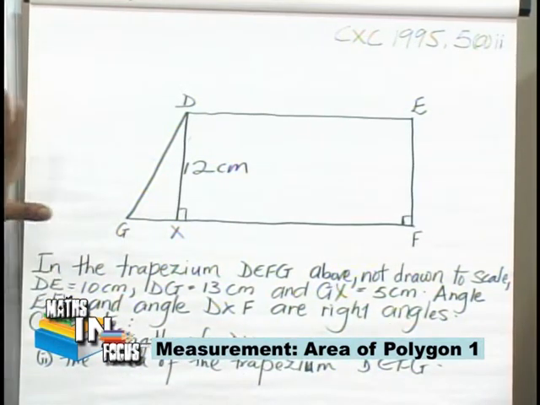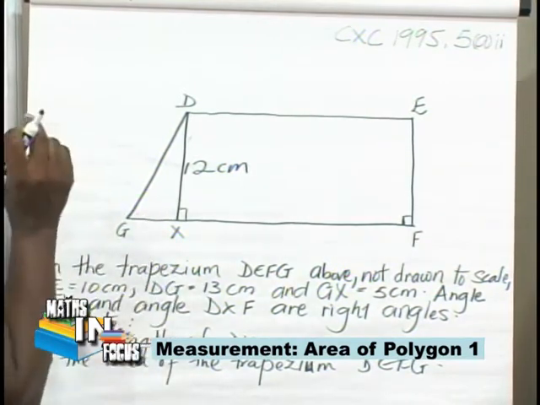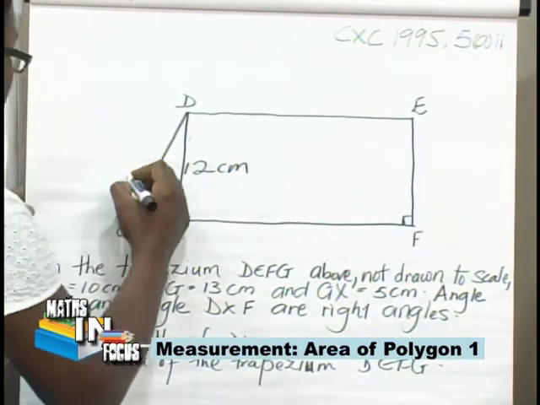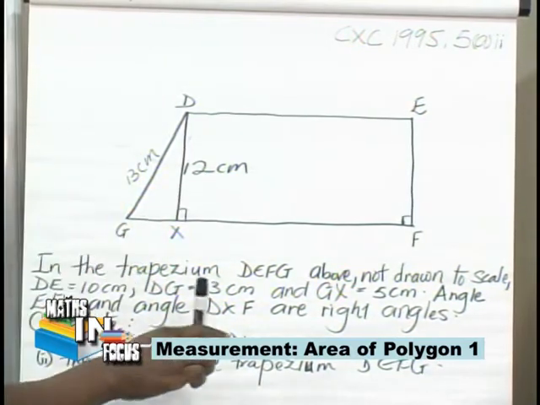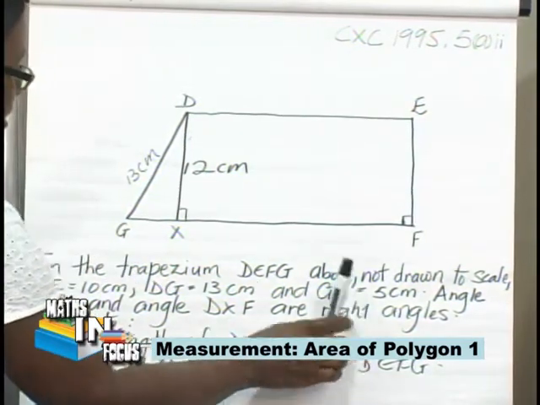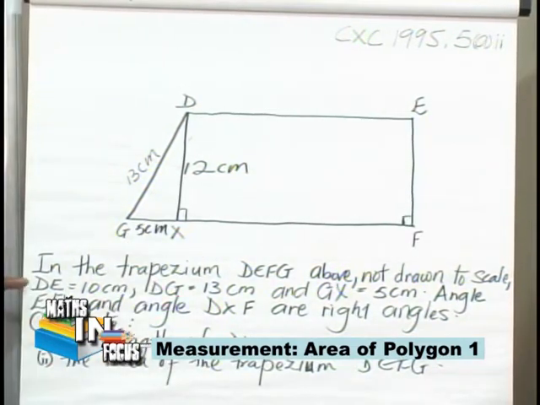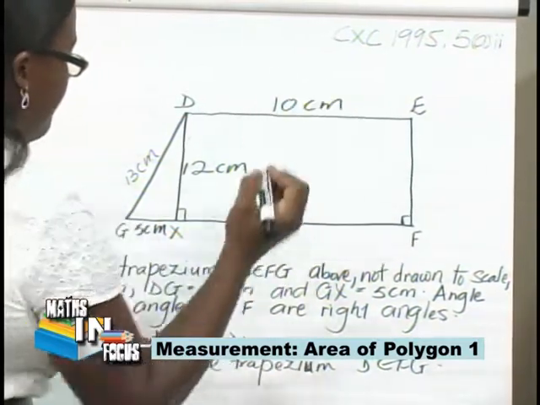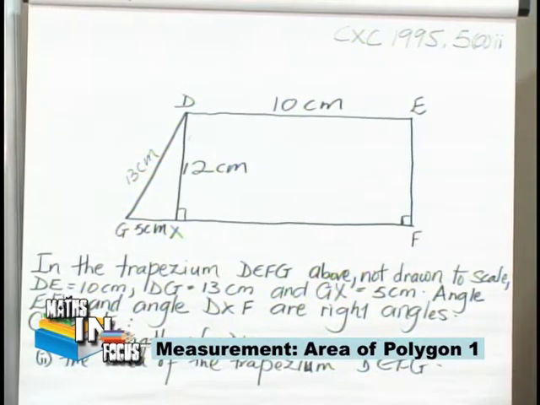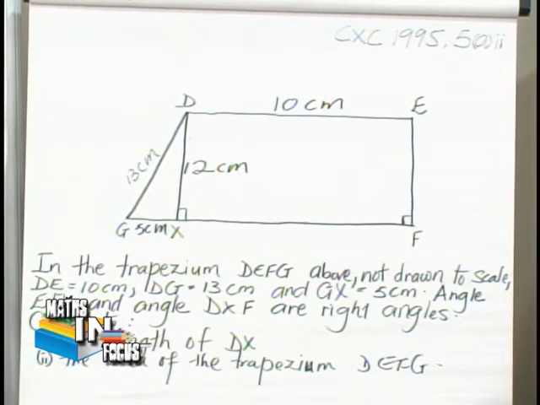Now let's fill in what we're given here. We're given DG, which is 13 cm, GX, which is 5 cm, and DE, which is 10 cm. We're asked to find the area of that trapezium.